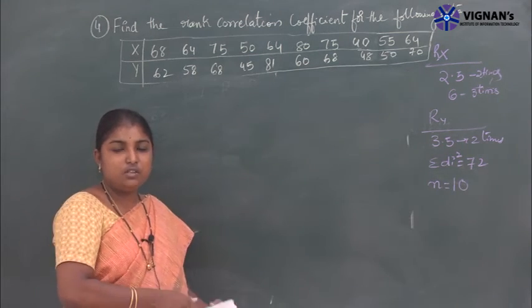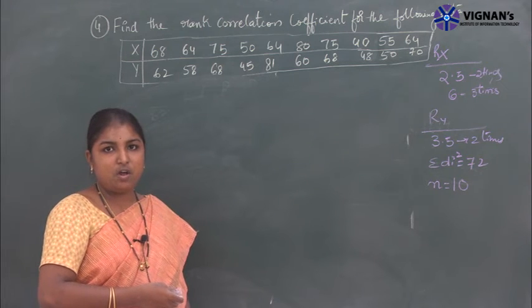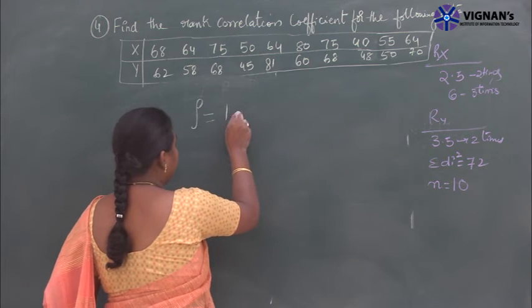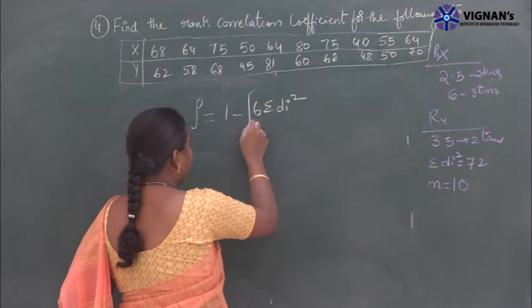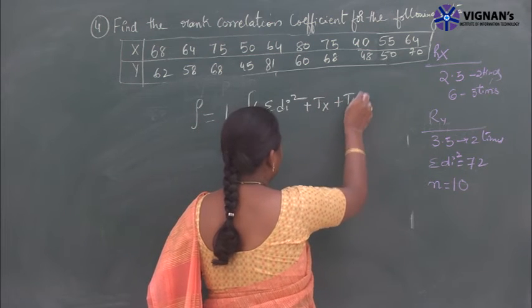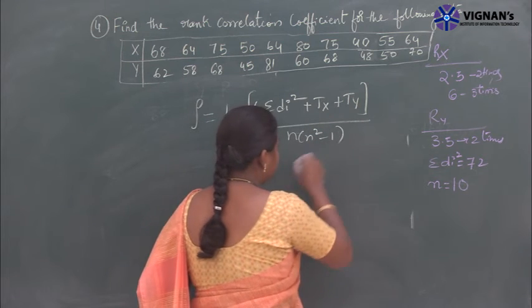Now we want to write down the formula for repeated ranks in Spearman's rank correlation coefficient. So that is rho equals 1 minus 6 into summation di square plus tx plus ty, divided by n into n square minus 1.